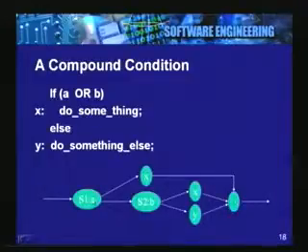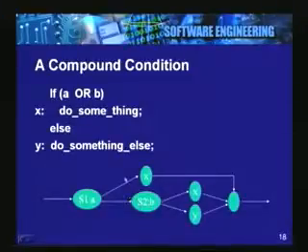If A is not true, then the lower path is taken. So in S2 we check for B. If B is true, then we execute x and then we join at the end of the conditional statement. And if B is false, we execute y and then we again join at the end of the conditional statement. So in this case, we have this flow graph where we have two branches. So this is an example of a compound condition.